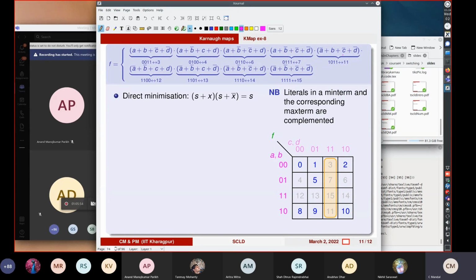In other words, if a variable is complemented, its position is taken as 1, and if it is uncomplemented, that position is taken as 0. The direct minimization follows the same principle as before.